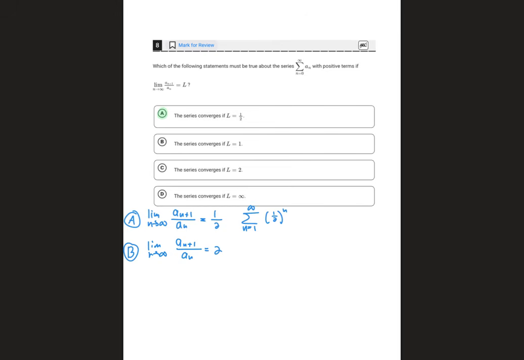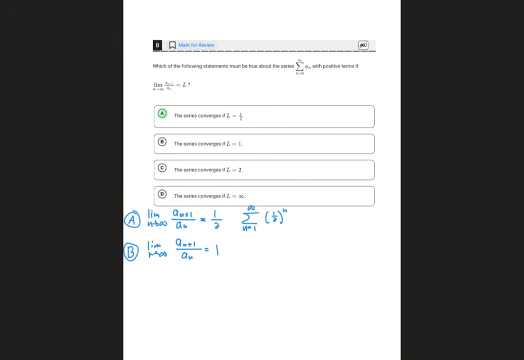Sorry, we have to do one first. Let me fix that. If this is 1, then if this term is 5, the next is going to be 5. If this is 5, this is 5. So every term is basically just a constant.